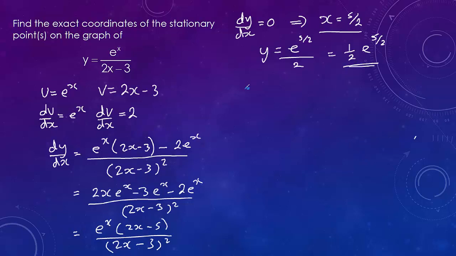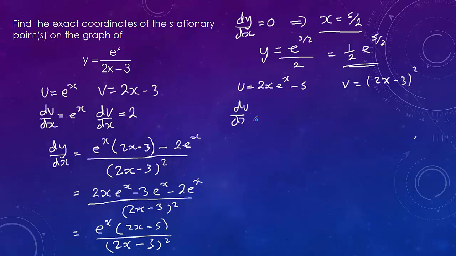Now, we need to differentiate again. Now, this is not easy. So u is going to be 2x e to the x, take away 5, and v is going to be (2x minus 3) squared.